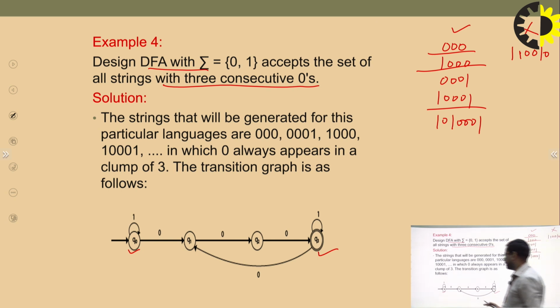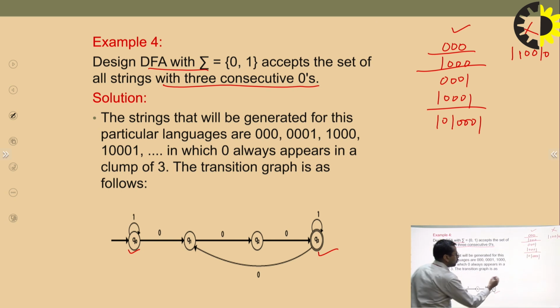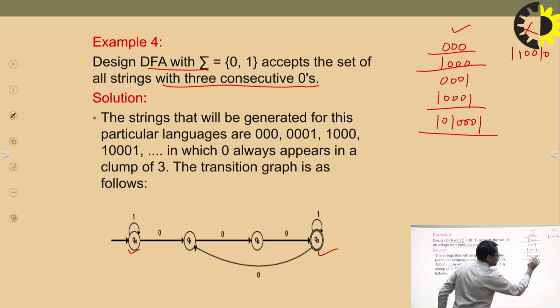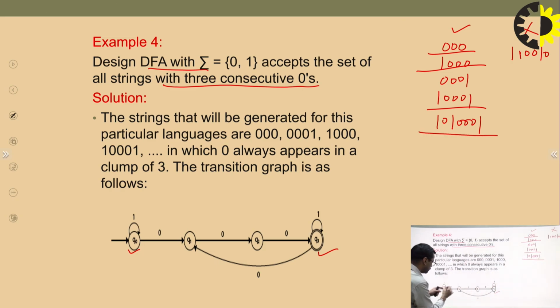Let's suppose a criteria that we have 1 0 1 0 0 1 1 0. Here 1 is not mentioned, so we can use this one. If 1 comes here, we will switch to the initial state. In this particular position of Q2, if 0 is applied to the input state, it moves to Q3.